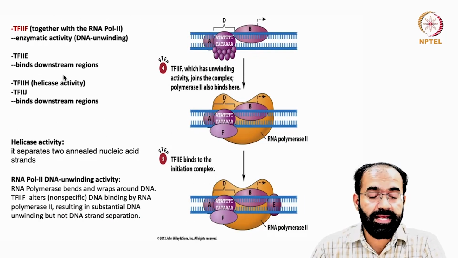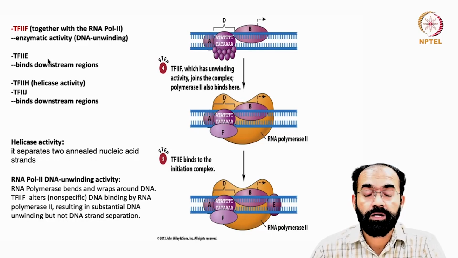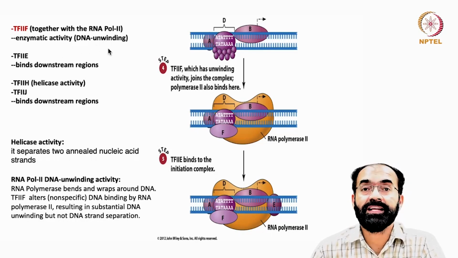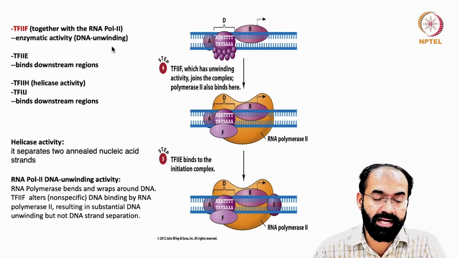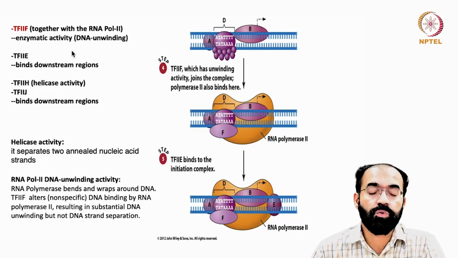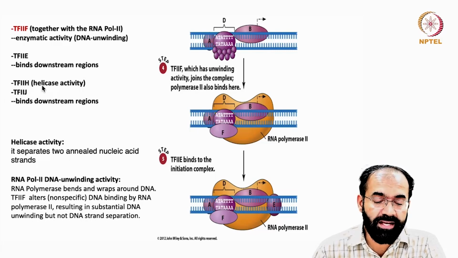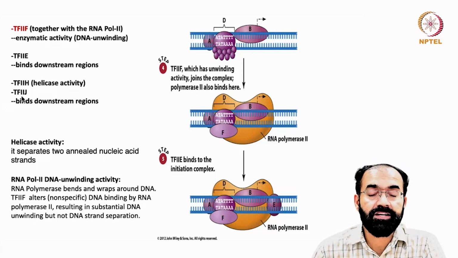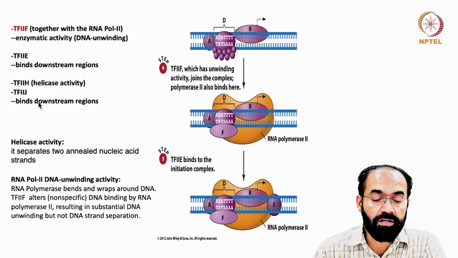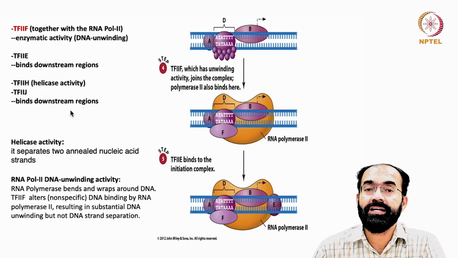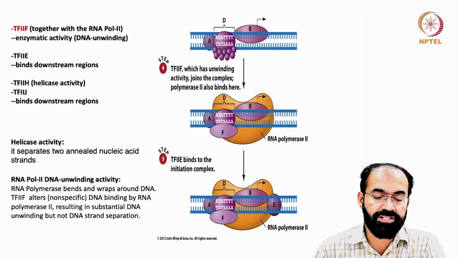And then TF2F together with the RNA polymerase II causes the enzymatic activity, that is the DNA unwinding activity. Then TF2E joins, which binds to downstream regions of the transcription initiation region. Then TF2H, which has helicase activity, and then TF2J, which has a binding capability to the downstream regions.